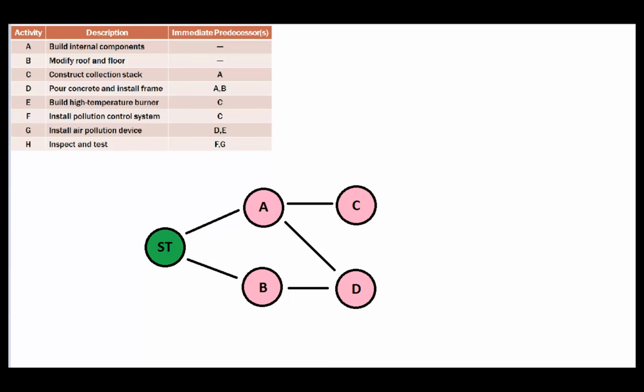Now activity E is build the high temperature burner, and that is dependent on C being complete. So we know that it has to go somewhere around C. Now activity F, install the pollution control system, is also dependent on C being completed. So let's go ahead and move that over.